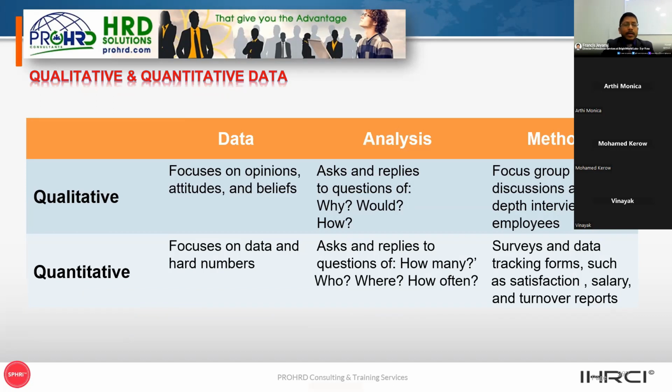Qualitative and quantitative analysis involved. Whenever we go for any research methodology, you have qualitative research and quantitative research. In qualitative, the research methodology will be focusing on the opinions, attitudes, and the beliefs of the people.